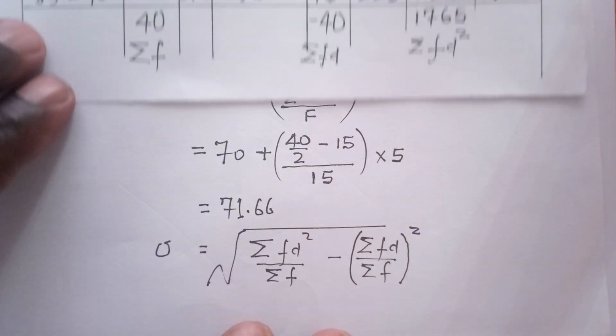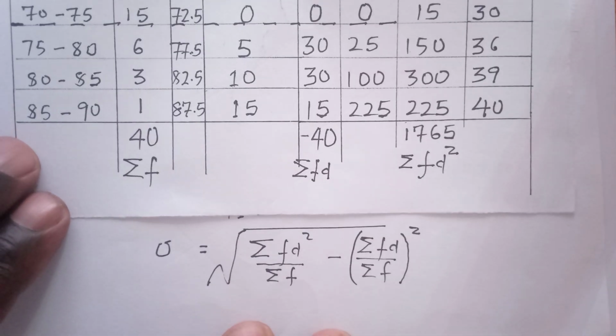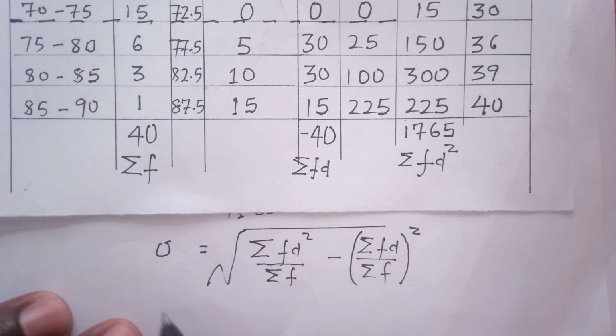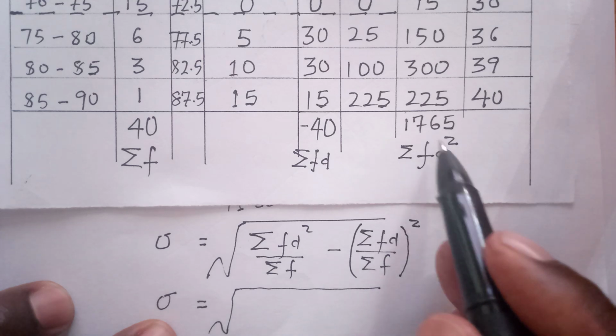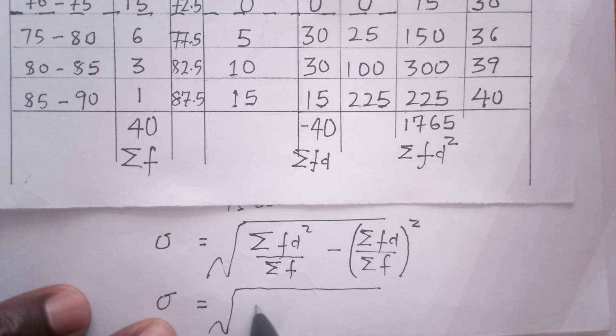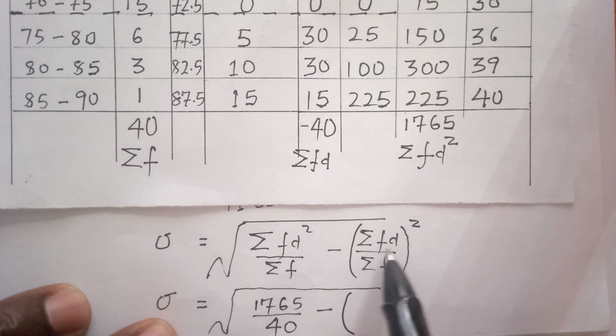And so now I come and compare with this, whereby our standard deviation is supposed to be equal to, so we write the square root like that, and then we have this, which is 1765 all over 40, minus, in brackets like that, we have FD.